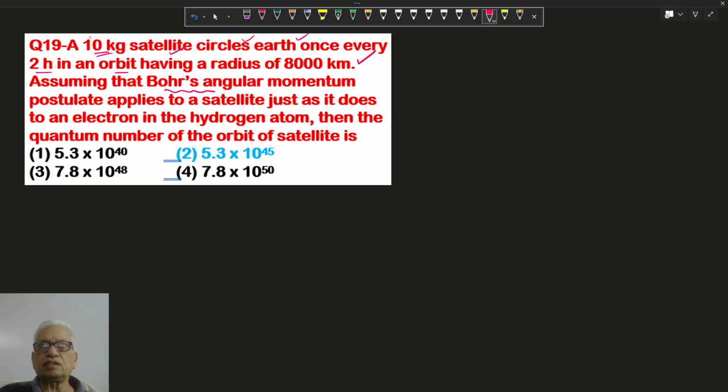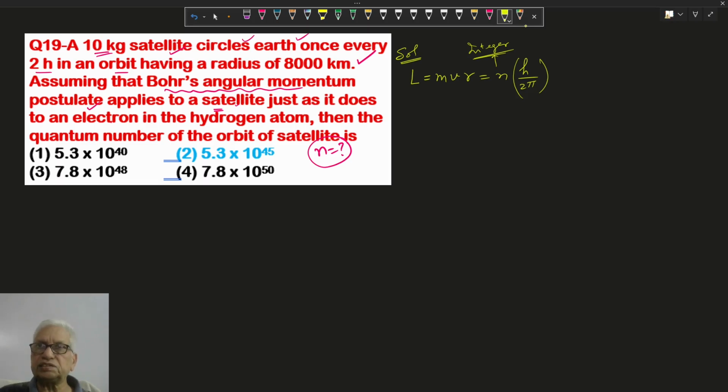Assuming Bohr's angular momentum postulate, the second postulate, applies to the satellite, we are taking the satellite as the electron and Earth as the nucleus. Then we have to find the quantum number. If Bohr's model is correct, we can write the second postulate: angular momentum L is equal to mvr equal to n h upon 2 pi, and n must be an integer.